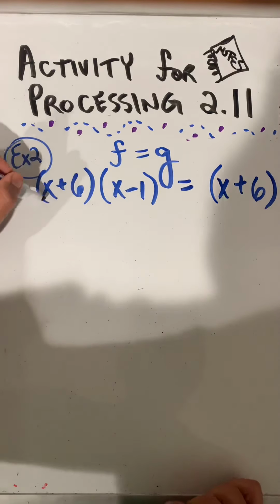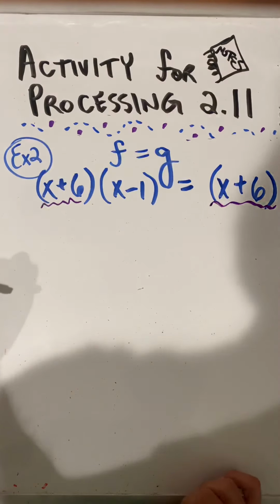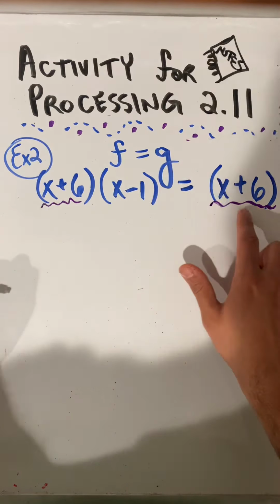First thing, I noticed that the left-hand side and the right-hand side both have X plus 6 in common, okay? So what we're gonna do here is subtract X plus 6 from both sides. I didn't make a mistake this time, like I did on the last one.